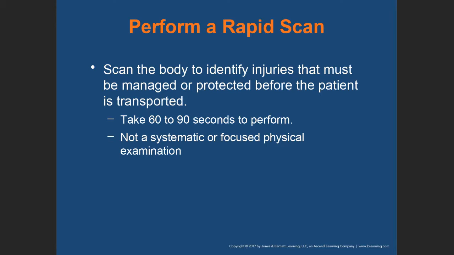So the rapid scan can be a rapid head to toe, or based on the patient's presentation, you can focus on the point of injury. So this is how it works. If you have a trauma patient, what determines if you do a rapid scan is the mechanism of injury.